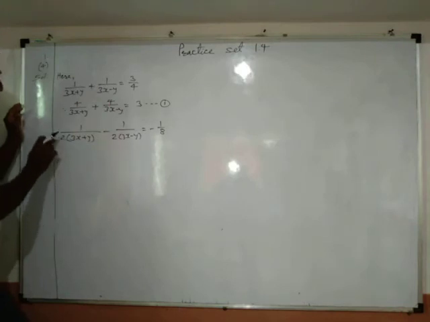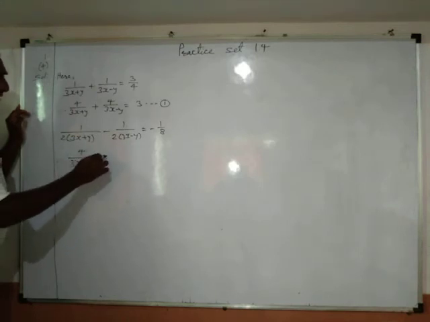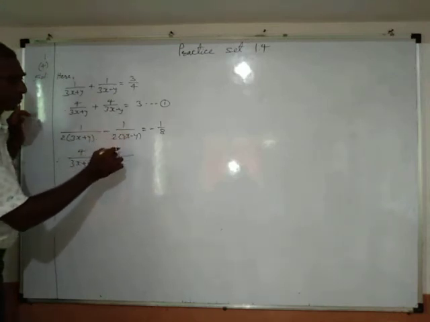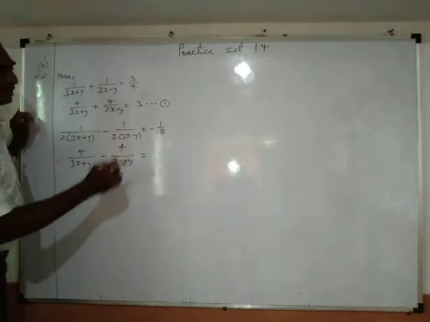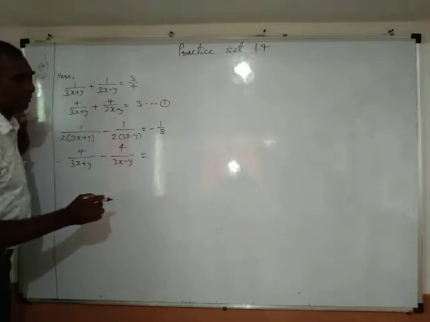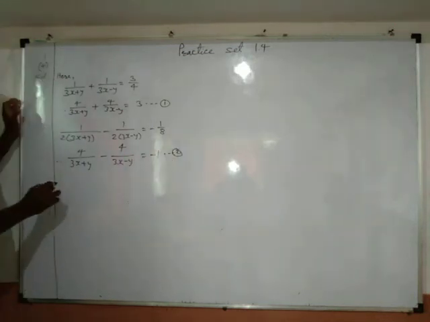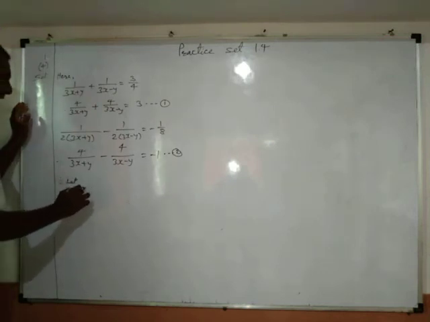Therefore, multiply first term by 8. 2 1s are 2, 2 4s are 8 gives us 4 upon 3x plus y. Similarly, 8 into 1 upon 2 into 3x minus y gives us 4 upon 3x minus y equals 8 into minus 1 by 8 gives us minus 1. Equation second.